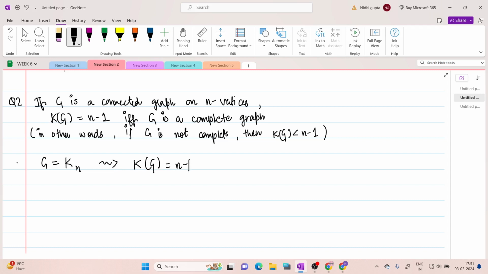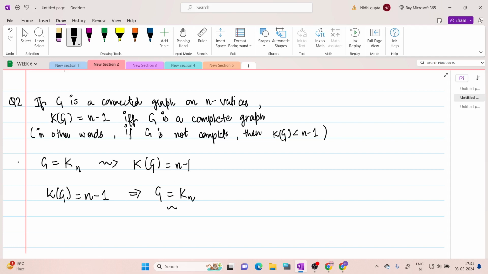But this question is saying that the converse is also true. That is, if G is a connected graph on n vertices and vertex connectivity is n minus 1, then G is equal to Kn.